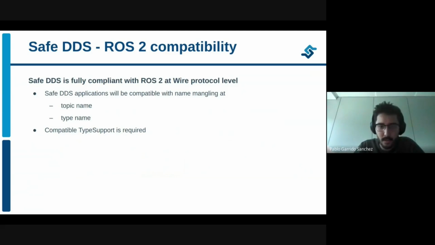In that sense, the only thing that you have to do is have a compatible type support and write the name mangling for topic name and type name and all those kinds of things that ROS2 does internally. But it's very easy and very possible to use a SafeDDS application along with the ROS2 data space.